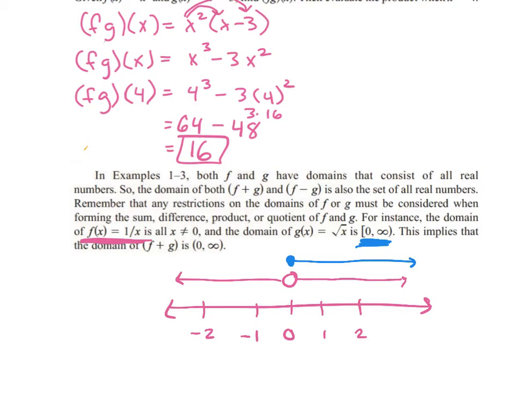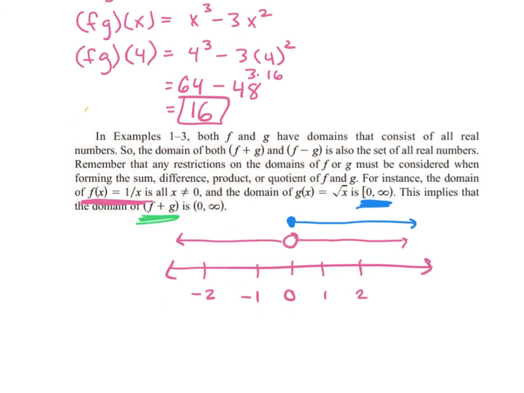Our domain of the combination of the two has to be what's included in both domains. So here, since 0 is not included in our first domain, we cannot include 0 in our domain of the combination. So it would only be what's included from here to infinity, so forever.